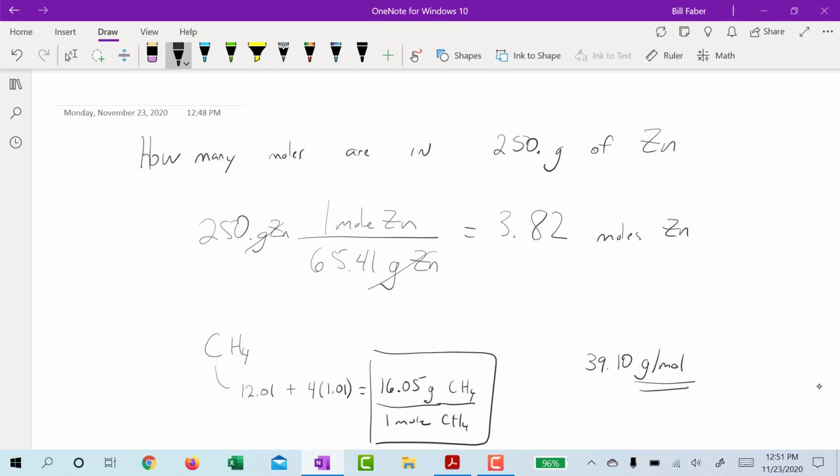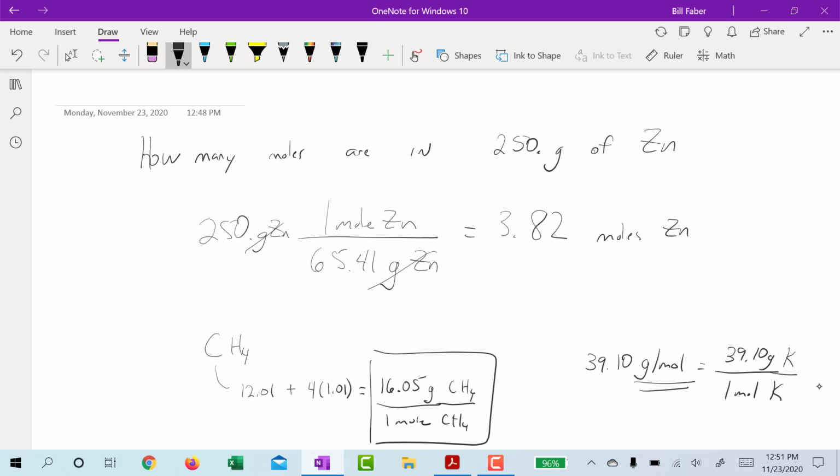They write it all on the same line. Remember, that means 39.10 grams in every 1 mole. Make sure you write things as conversion factors so that you can use them as conversion factors. So if you're wrestling around how to solve a problem, make sure you rewrite it, and it might give you a hint on how to solve the problem.